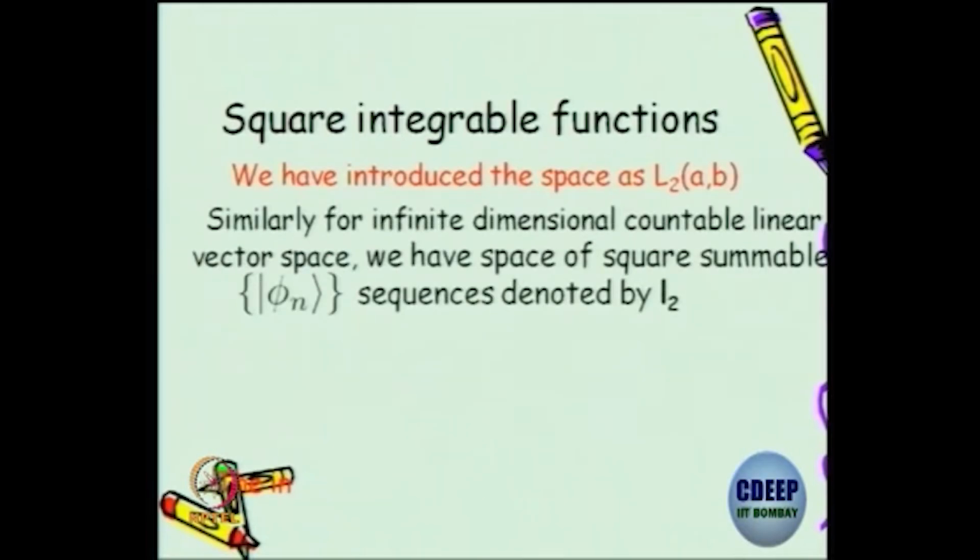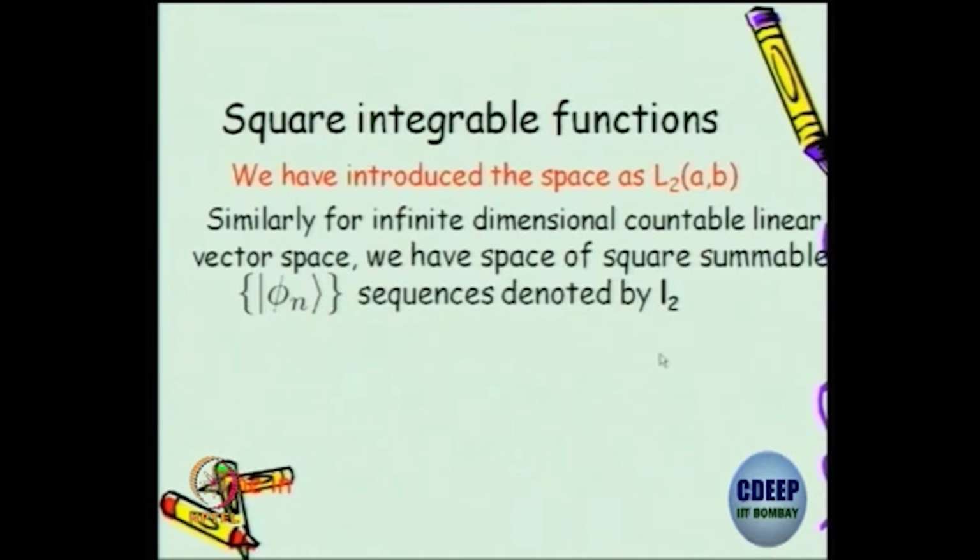Then I have also introduced for you the collection of square summable sequences, and that we denoted by a little l2. A collection of the set phi n, each one, this set is a sequence.